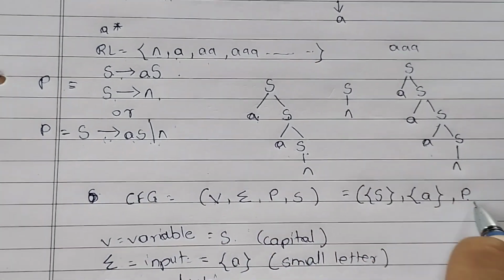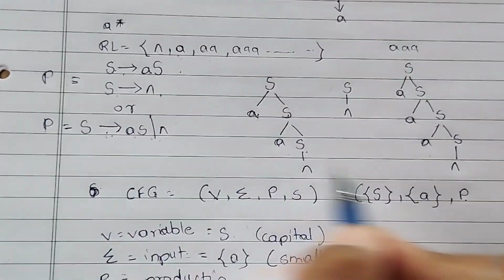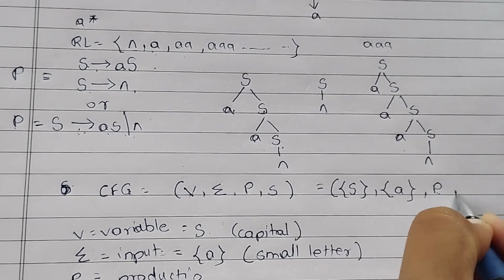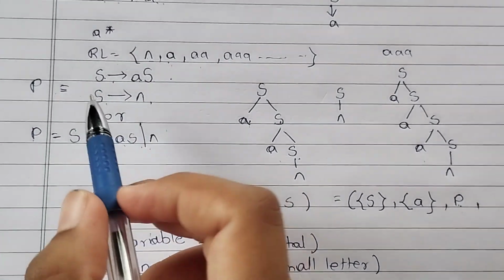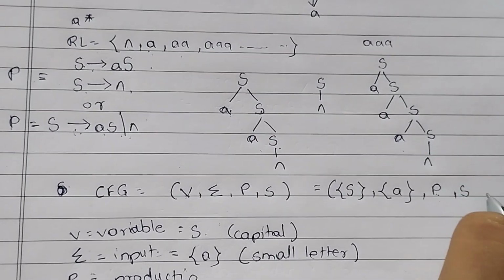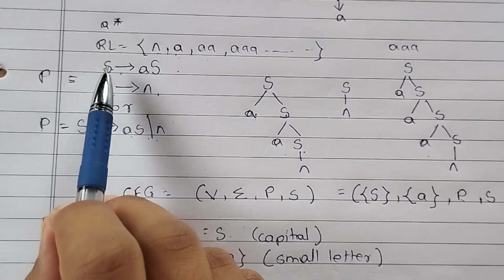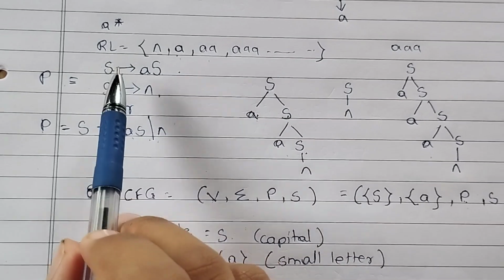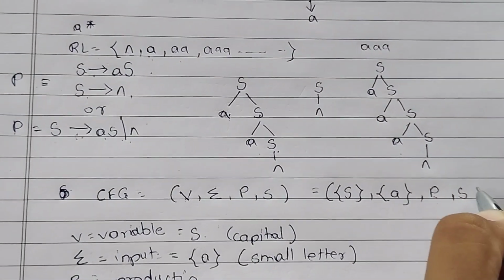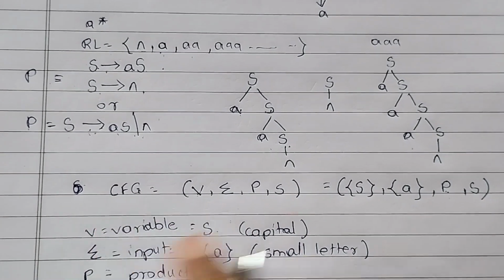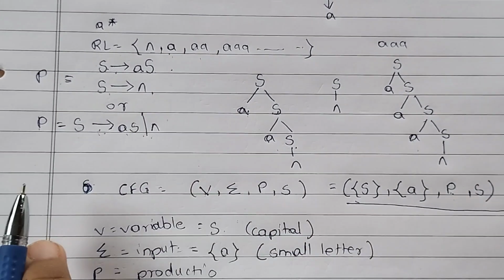So instead of writing the production, we initialize the production with P and write only P. Then the starting symbol. Our starting symbol is also S, so write directly S. If you start from A, here any symbol is acceptable. If you write capital A, or capital X, Y, Z, then it is also correct. So our CFG is this final one. Here the production is the important part.